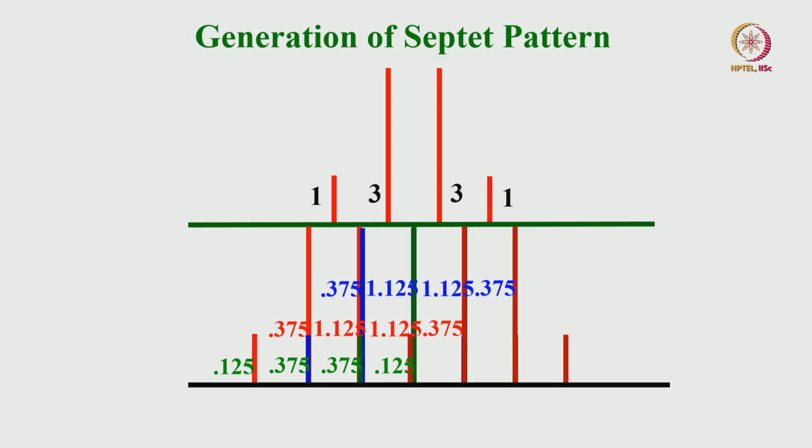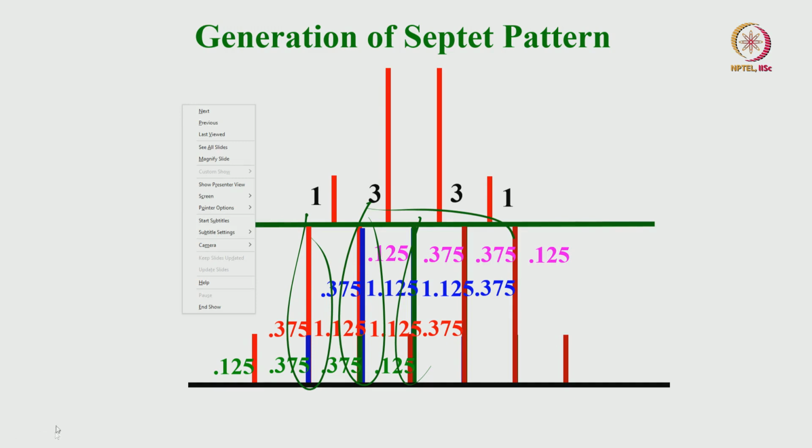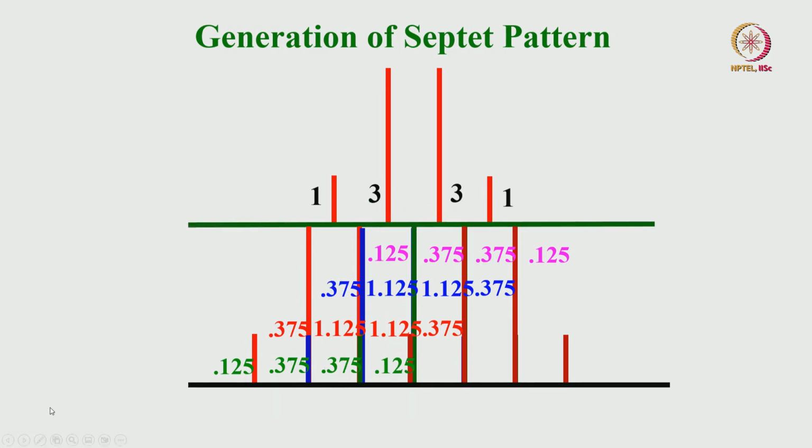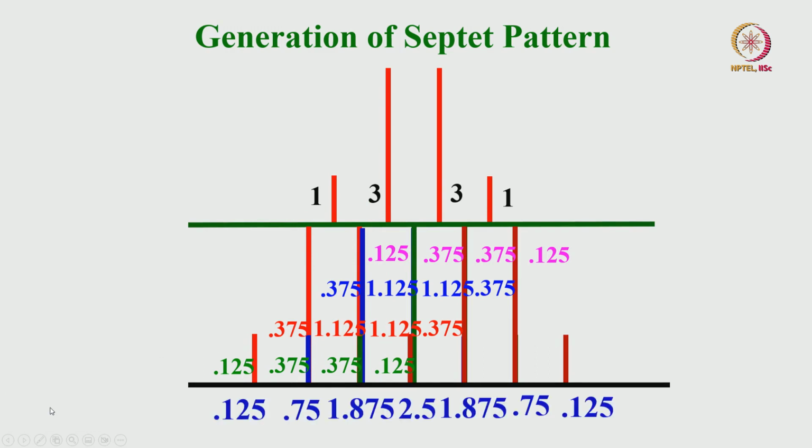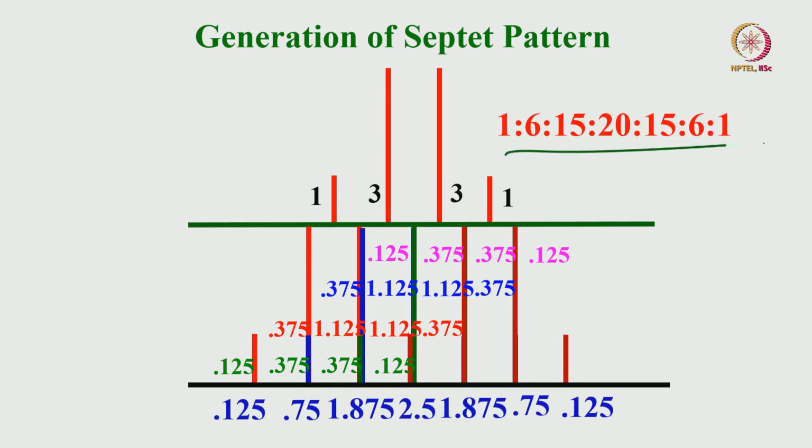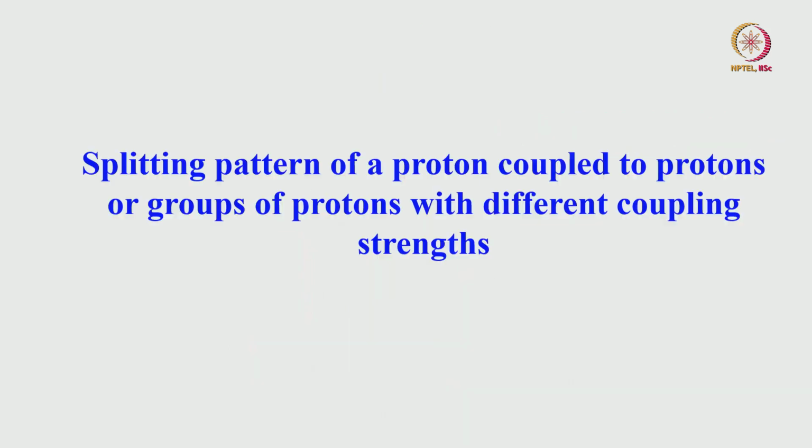Different colors you see, but interestingly these lines here overlap, here overlap, here overlap. Calculate all the intensities I have written at the top here, and if you put the intensity, calculate the ratio, it is like this. It is a septet, a 7-lane pattern, and this is how you get the septet. So, this is how we arrived at the splitting pattern when one proton is coupled to other protons.